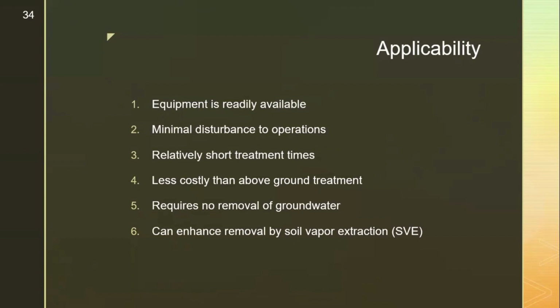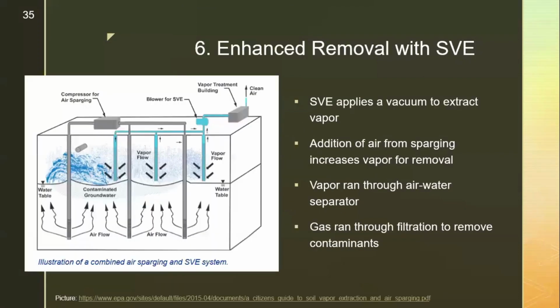The last way in which this method is useful is that it can increase the amount of contaminant removal when combined with soil vapor extraction, also known as SVE. To expand, combining air sparging with soil vapor extraction allows for a greater extraction of vapor from the ground, both above and below the water table.